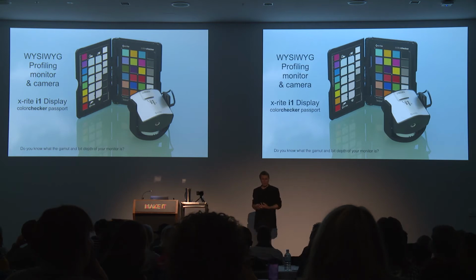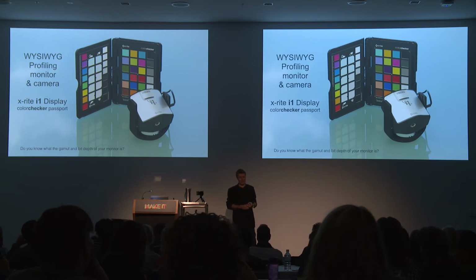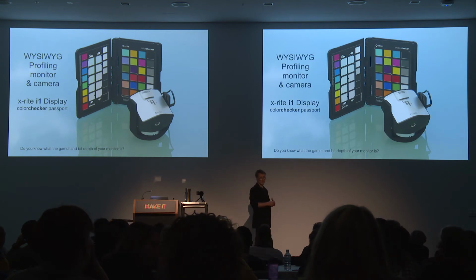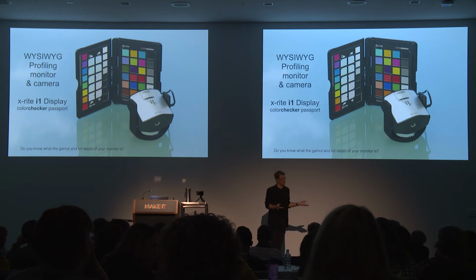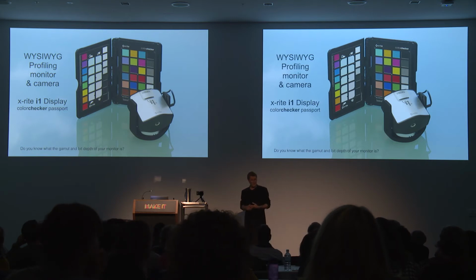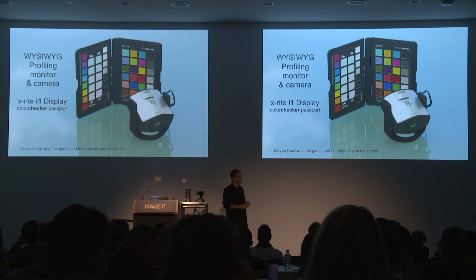People went out of their way to buy professional monitors, such as made by the company Eizo, in order to get that bigger gamut, bigger range of colors, and also the bigger bit depth. The latest 27-inch 5K monitors do have that extra gamut and that extra bit depth. They're 10-bit monitors now instead of 8-bit, so they can be calibrated as well as profiled, rather than using the native luminance and the native white balance.